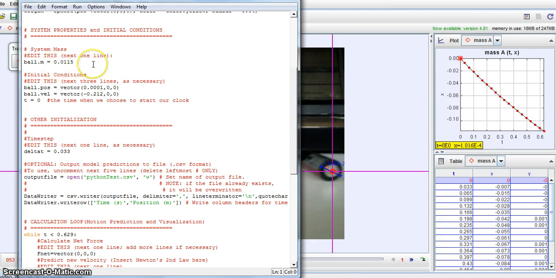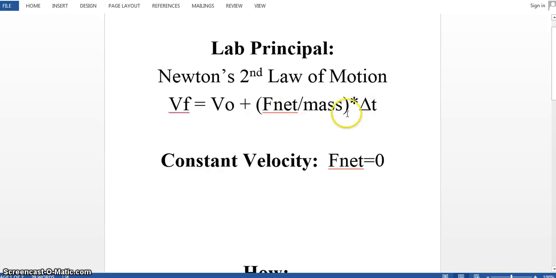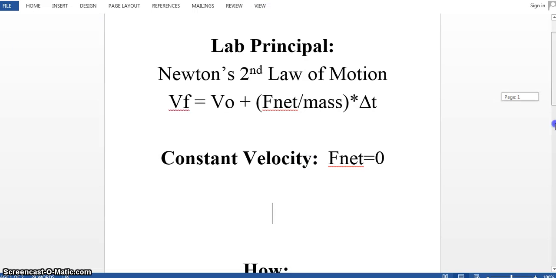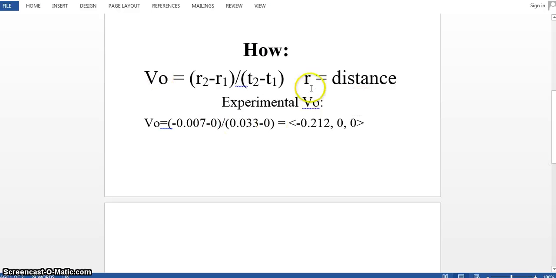I had to put in the ball's mass, which is according to here, and the position vector, which was 0, where I put my axis, and I also had to find the initial velocity. So in order to find the initial velocity, you need to follow this, one of the variants of Newton's second law, and it's second distance minus your first distance over your time interval. And because mine was at 0, I just used my second distance divided by my time interval, and I got about negative 0.212 meters per second.